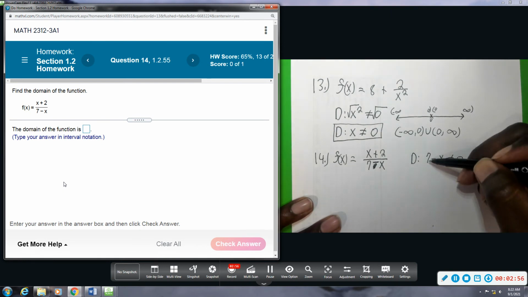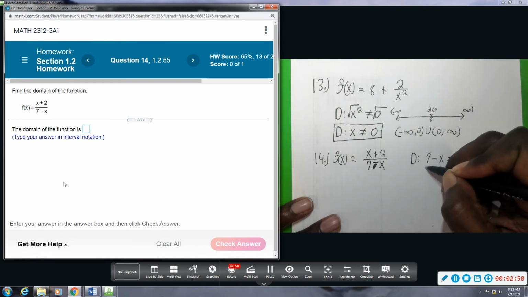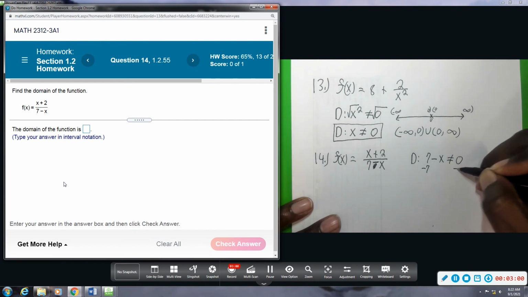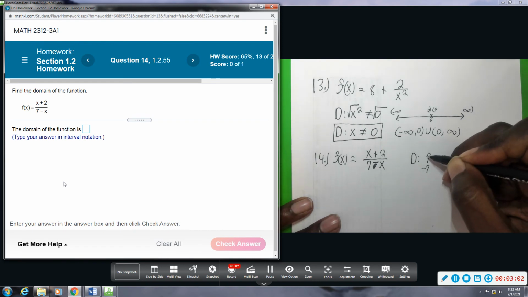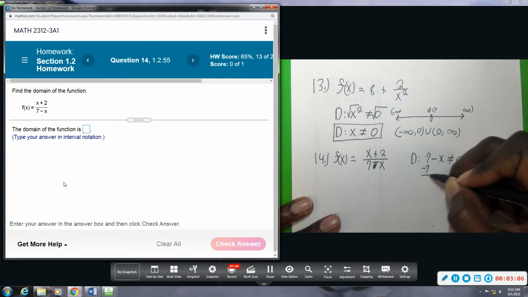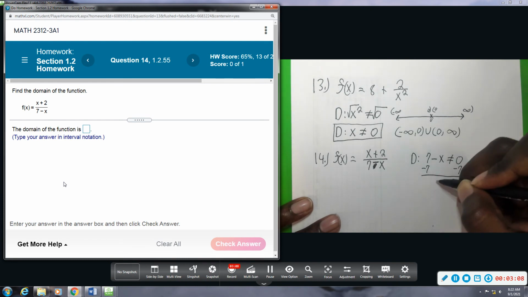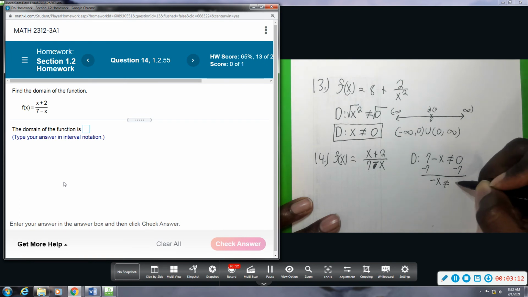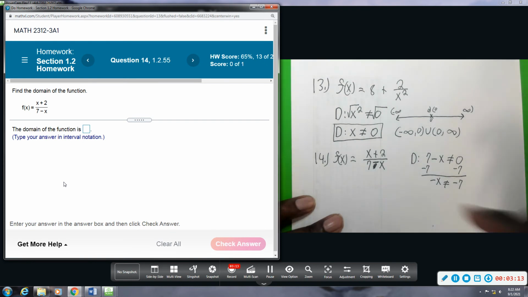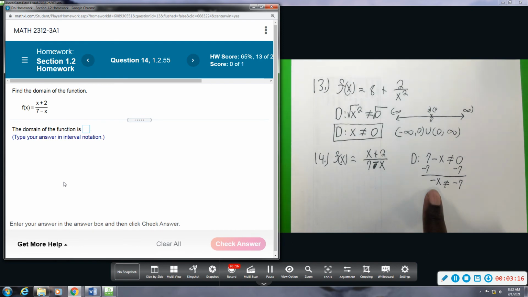Okay, so I'm going to move the 7 over by subtracting 7 from both sides. I know to subtract 7 because it's positive. Don't let that minus x throw you off. Then we will get negative x cannot be equal to negative 7, and we cannot leave our variable negative.